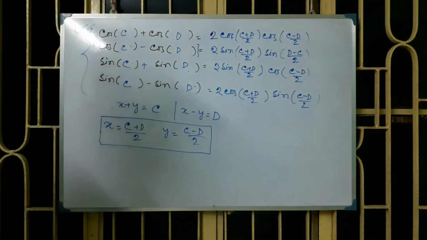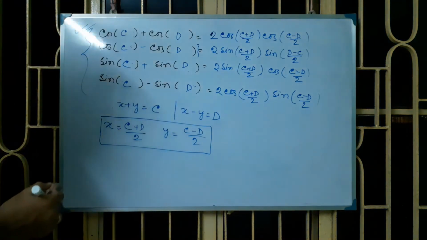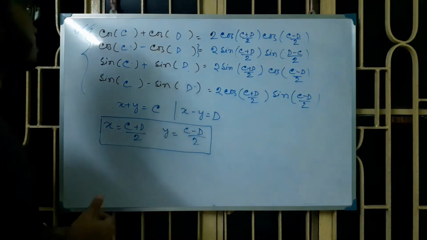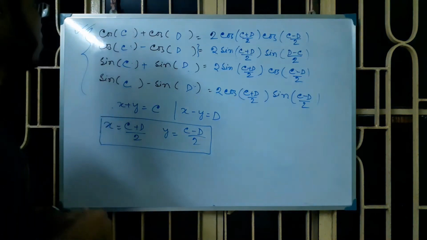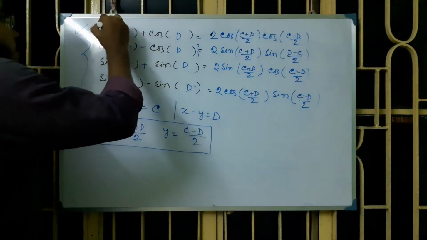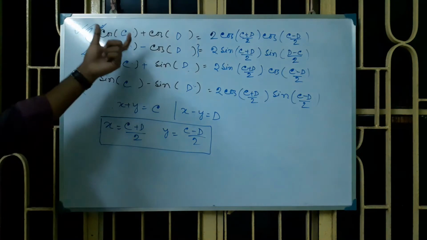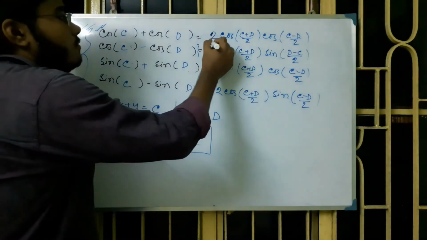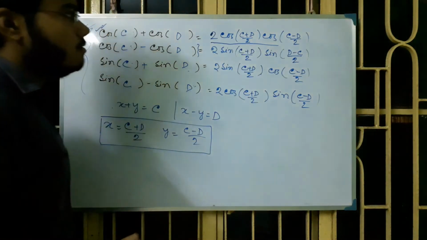Okay, so that's it. And what is the significance of this? If you are asked to add two cosine functions, that is cos c plus cos d, then that will be equal to 2 cos((c+d)/2) cos((c−d)/2).